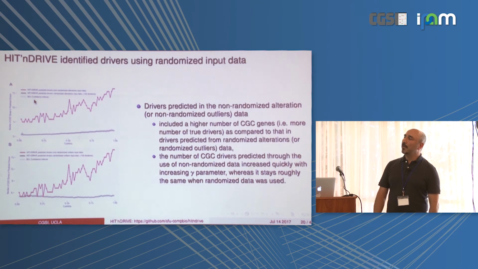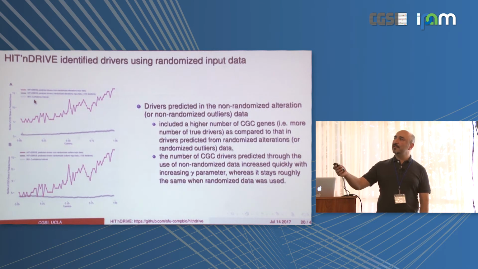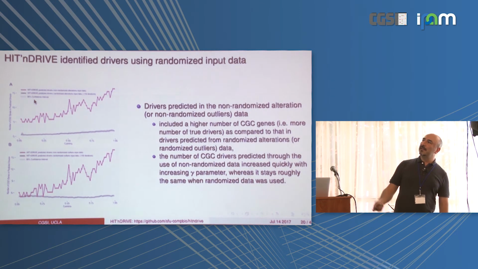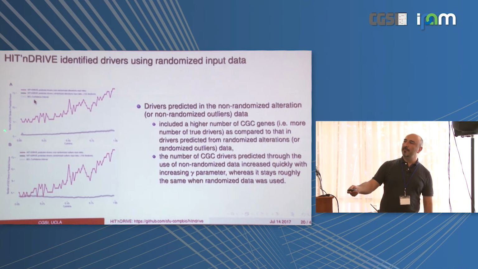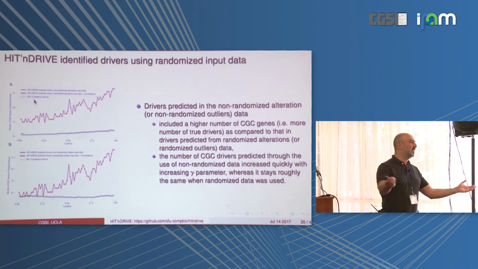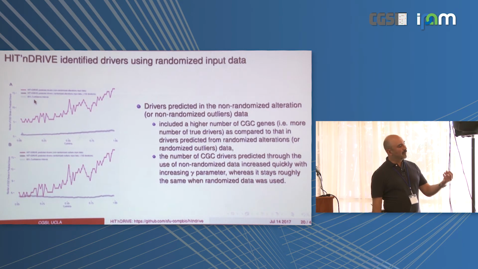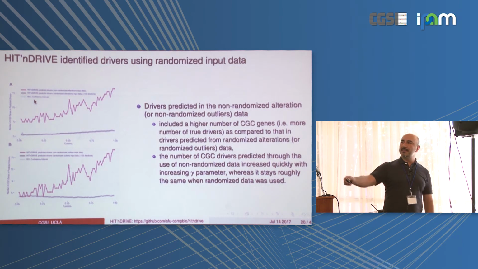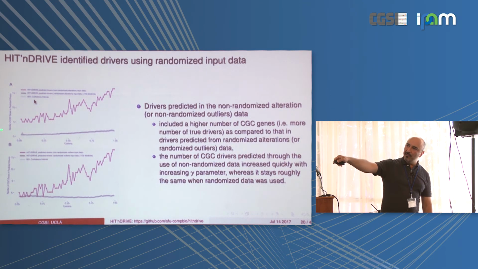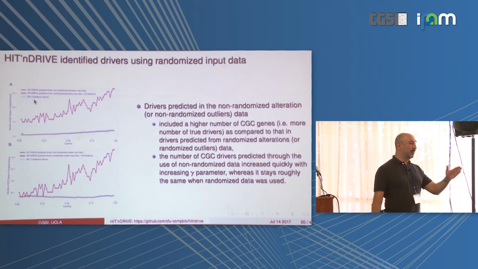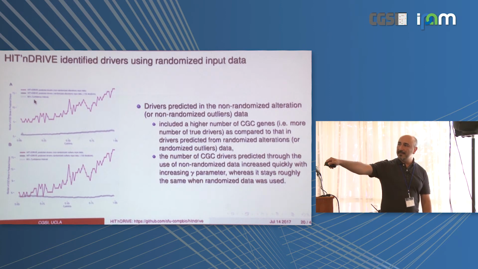Okay, there are some results with respect to randomized input data. If you just randomize the connections and try to predict drivers in this breast cancer data set, this is TCGA. On a randomized network, the overlap with known drivers, the COSMIC drivers, is flat as you increase gamma.